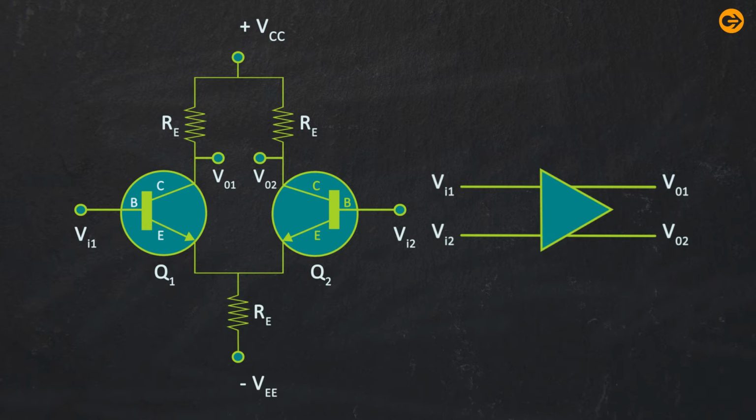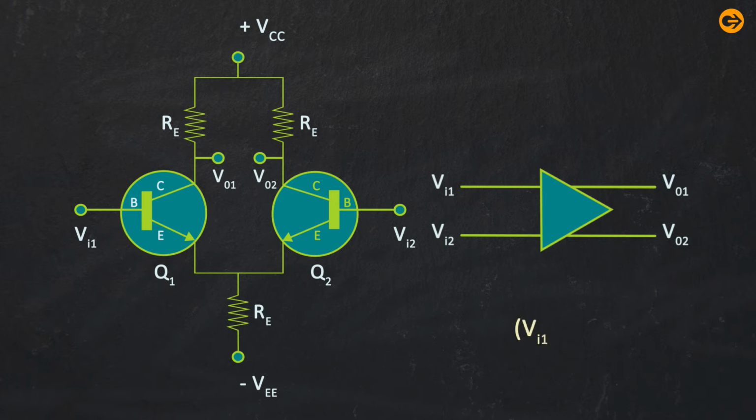The diagram represents two transistors, Q1 and Q2, having identical characteristics. The input signals Vi1 and Vi2 are connected to the base terminals of Q1 and Q2 respectively. The differential amplifier has two output terminals, VO1 and VO2. Ideally, the output voltage is 0 when both the inputs are equal.